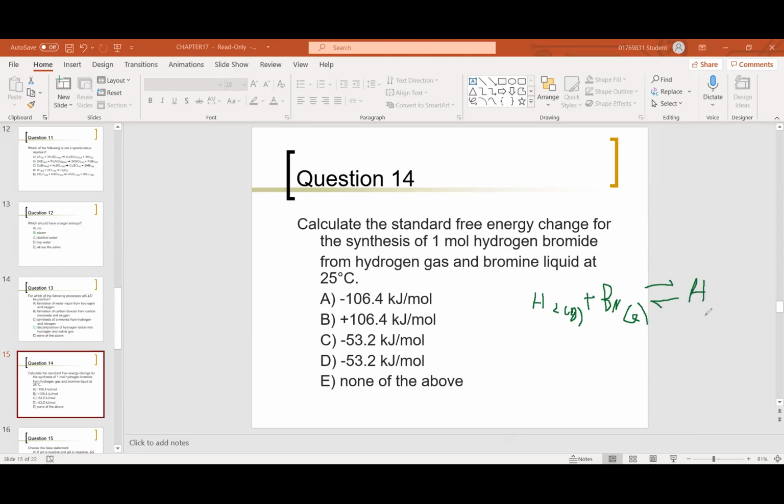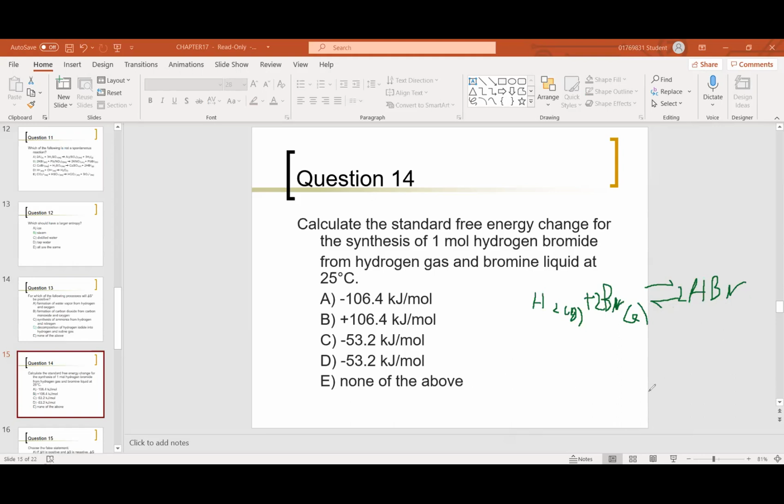And is bromine first or second? Where is bromine? It's right there. Okay. I feel like this should be an acid, but okay. So those 3 to 2.